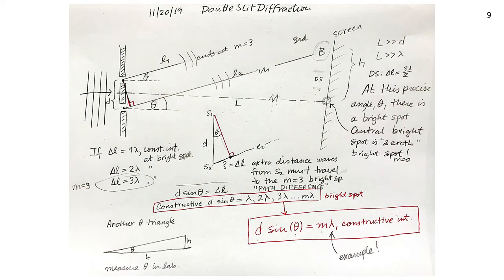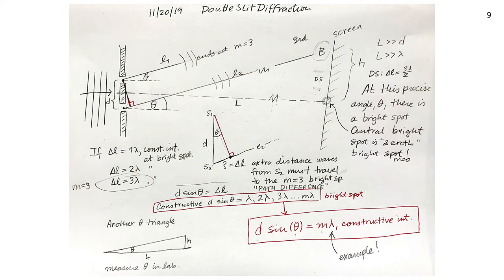Let me make these about the same wavelength. Now they both land at B. They both end at the M equals 3 bright spot.